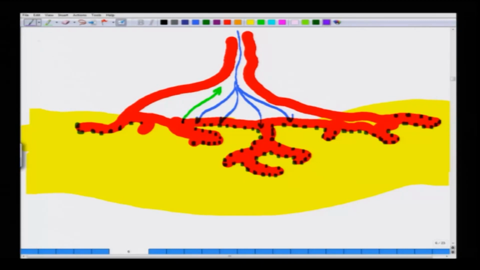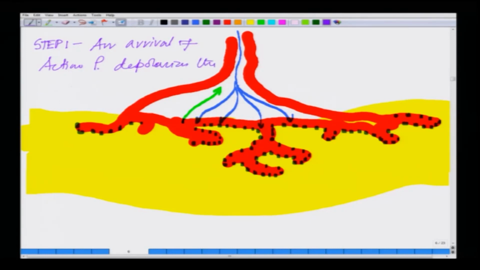Step 1 of this game is the arrival of an action potential, which basically depolarizes the synaptic knobs. So, just let me introduce 2 more terminologies.